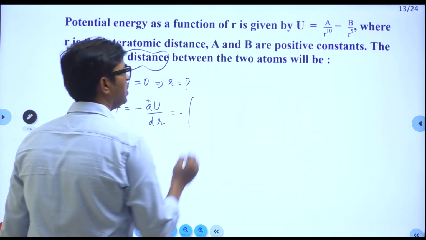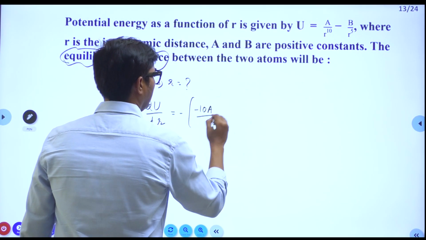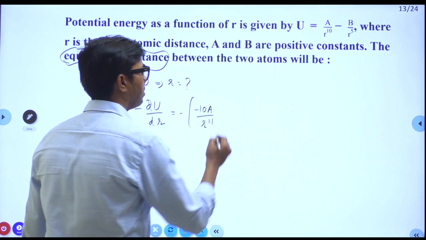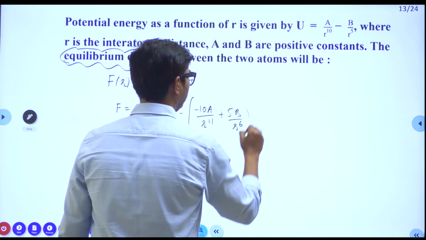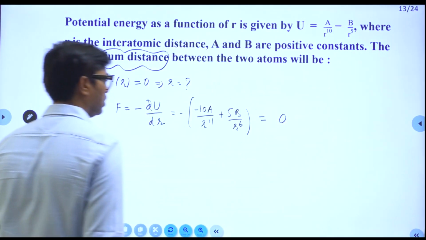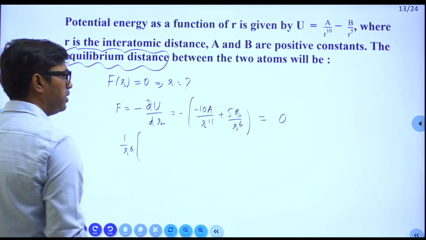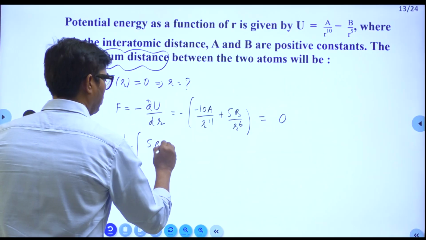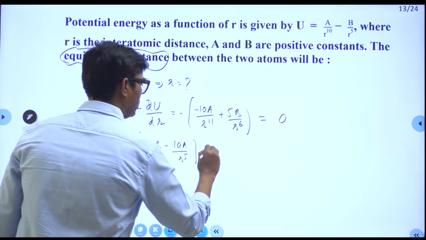So F equals minus dU by dr, which is minus 10A by r power 11 minus of minus 5B by r power 6. This is the force, and equate it to 0. So you can take 1 by r power 6 common. You will have 5B minus 10A by r power 5 equals 0.